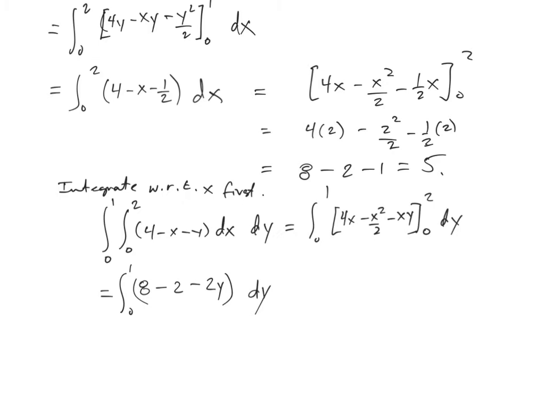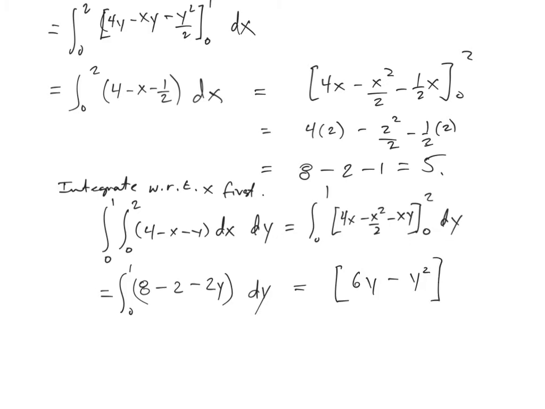Yep. Okay, so I integrated with respect to x, which means all the x's should be gone. And I look at my function that's remaining, and indeed, there's no x's left here. If there's an x left in here, I did something wrong when I did the integral. Now I integrate with respect to y. So 8 minus 2 is 6, so I'm going to get 6y minus y squared, right?